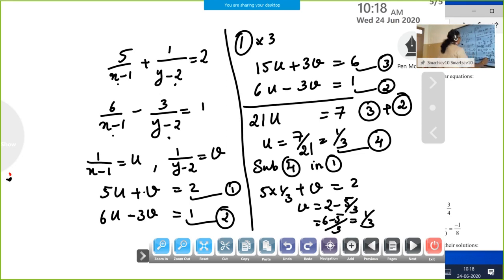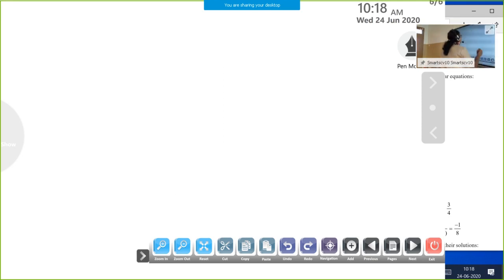Then what is our u? u is equal to 1 by x minus 1. Our substitution is u equal to 1 by x minus 1, that is equal to 1 by 3. What is x minus 1?